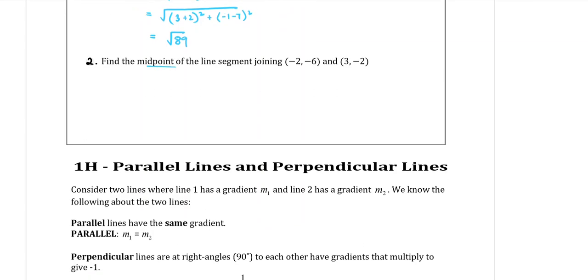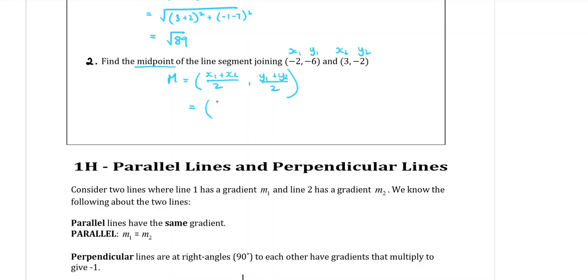Second question, we're finding the midpoint, which has a formula x1 plus x2 over 2, comma, y1 plus y2 over 2. Subbing in, we have x1, y1, x2, y2.